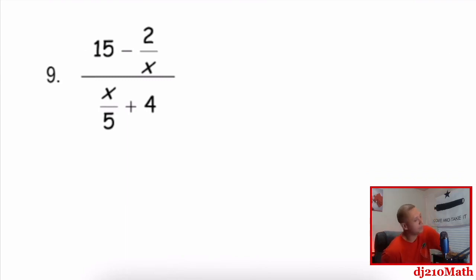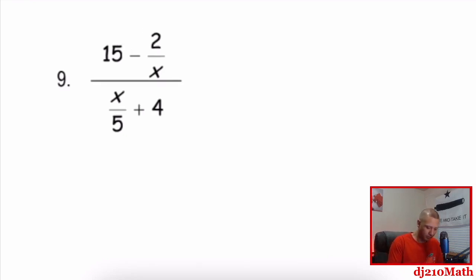Okay. Number 9. Idea. We're going to make a common denominator, top and bottom. So check it out. x over x. So common denominator is x.